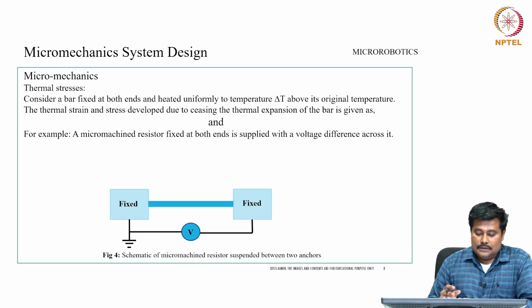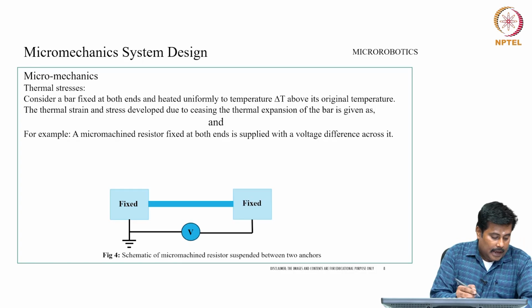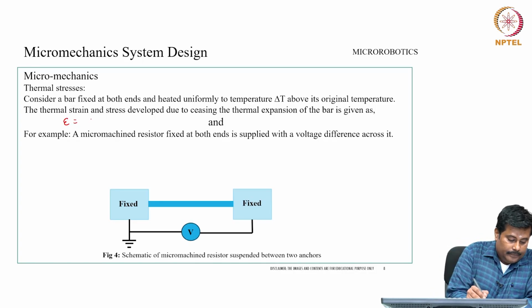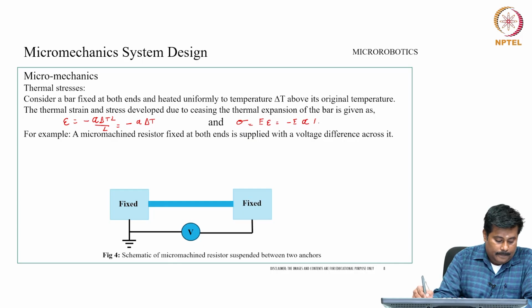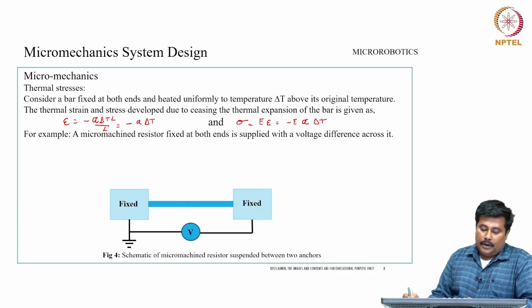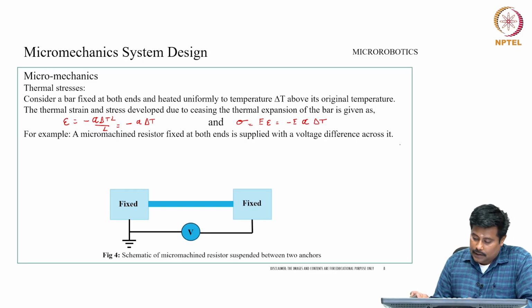The thermal strain and stress developed due to the constrained thermal expansion of the bar is given as epsilon equals minus alpha del T L by L, which is minus alpha del T, and sigma equals E epsilon, which is nothing but minus E alpha del T. For example, a micromachined resistor fixed at both ends is supplied with a voltage difference across it.